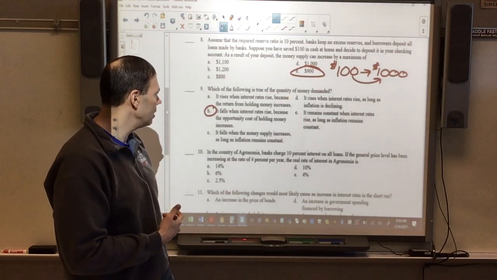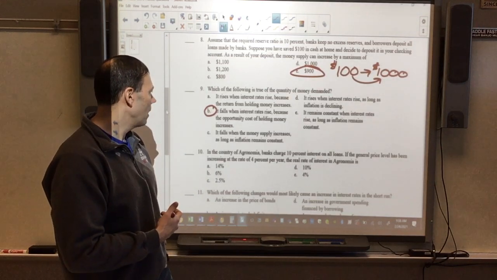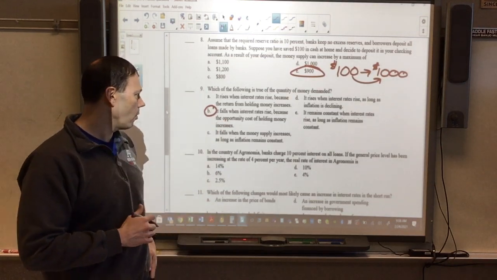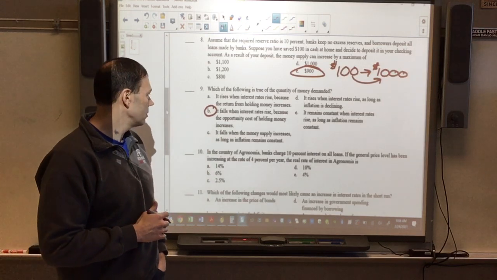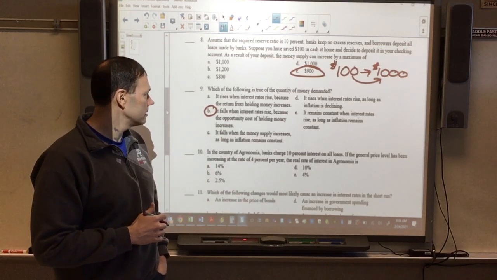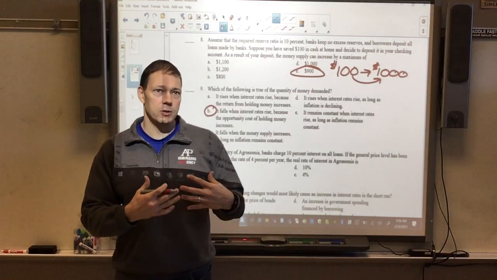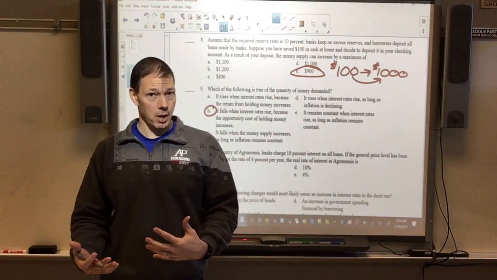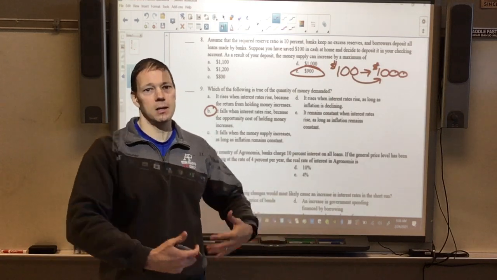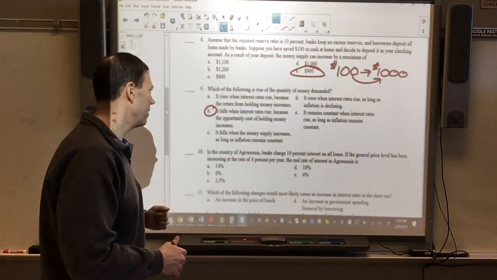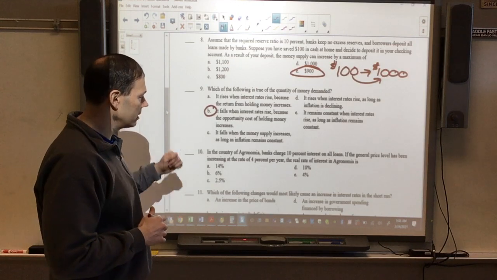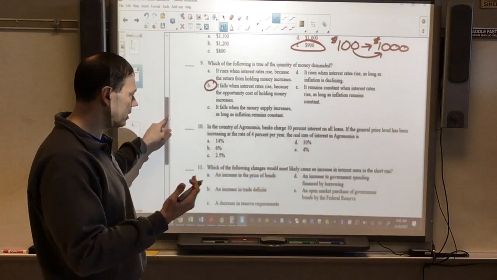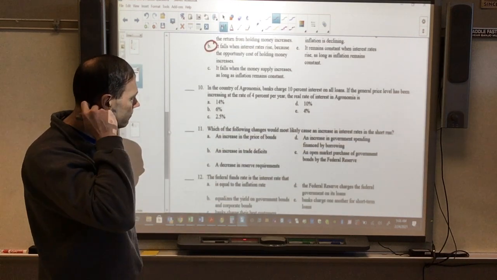So that's what they mean when they say the opportunity cost of holding money increases. So bottom line is, when interest rates go up, I don't want to hold on to my money as much because I'd rather put it in a bank, and so that's why my demand for money falls when interest rates rise. Again, it's kind of weird the way that one was worded, but hopefully that makes some sense.